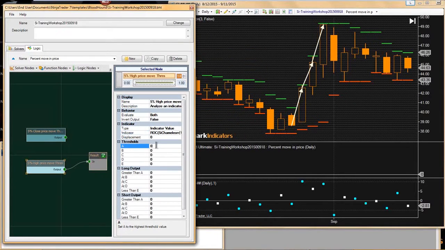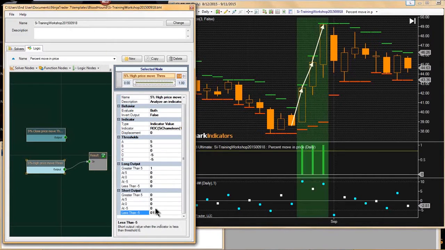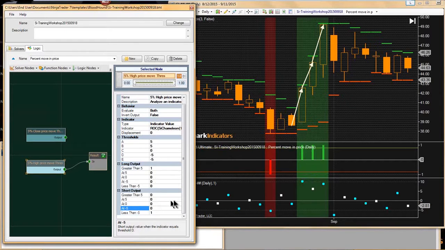Like so. All right, now we just need to put in our 5%. And I'm putting 5s in here twice, so it gives me a clean digital output. Yeah, there we go.